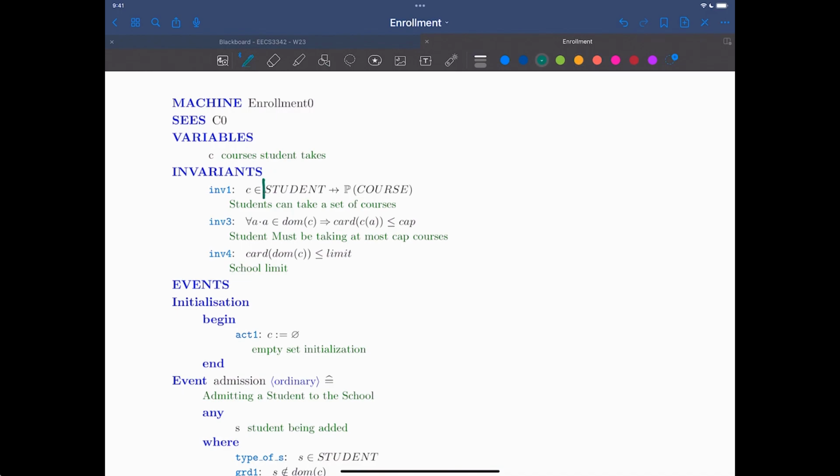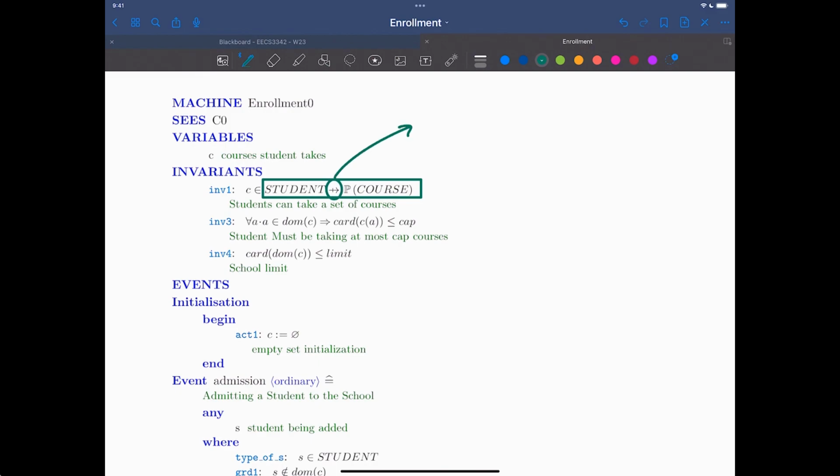When I say C is a partial function, that means I don't require every student to have enrolled already in a course. I don't require that. There are simply some students who do not exist in the enrollment system. I'll write it down. The partial function here is really important for you to note.